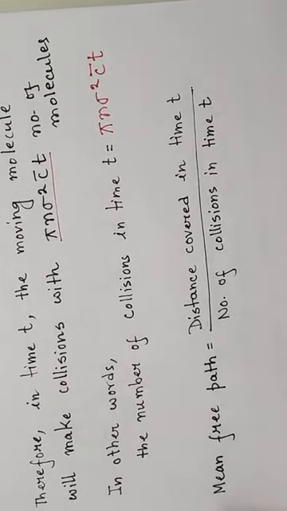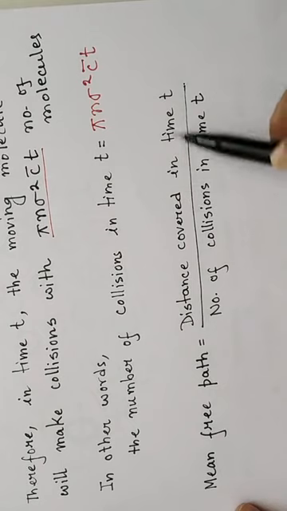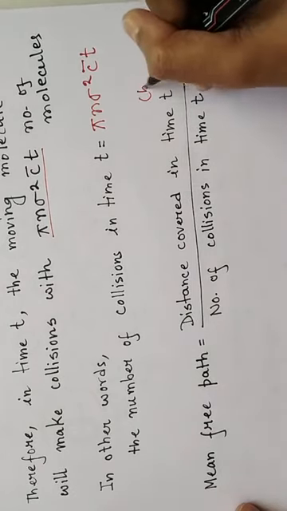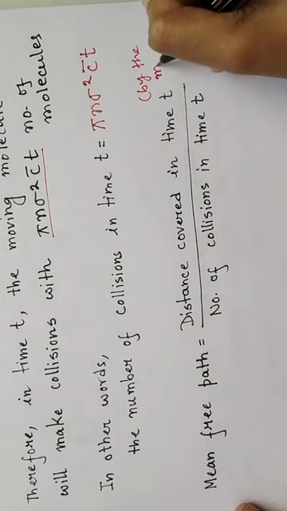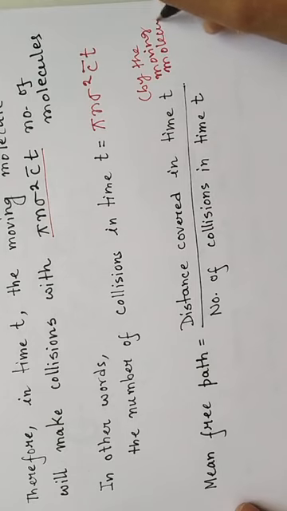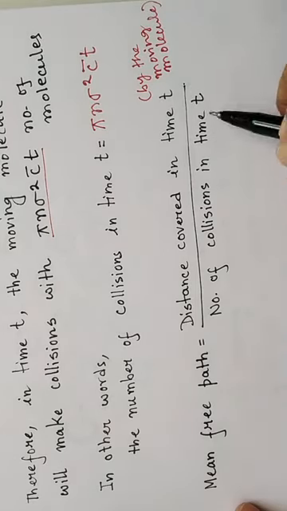Therefore, what will be the mean free path? The mean free path will be the distance covered in time t by the moving molecule divided by the number of collisions in time t.